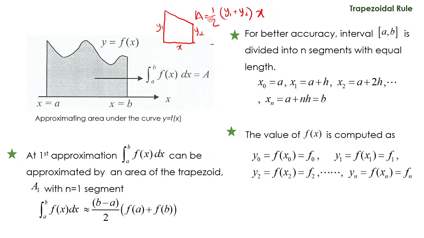This is the area under the graph. So if we look here, it is indeed like that: y1, y2, and then x, divided by 2.